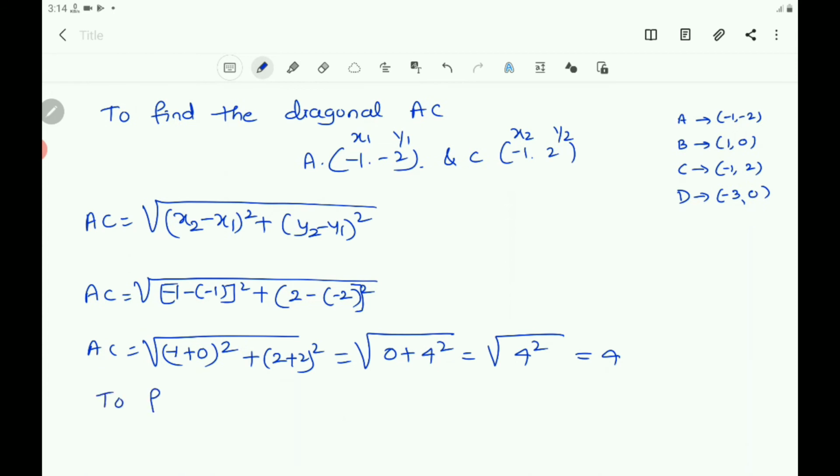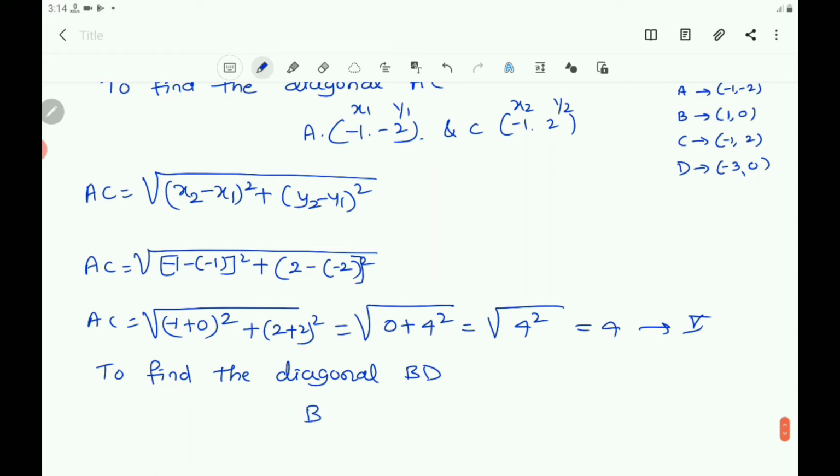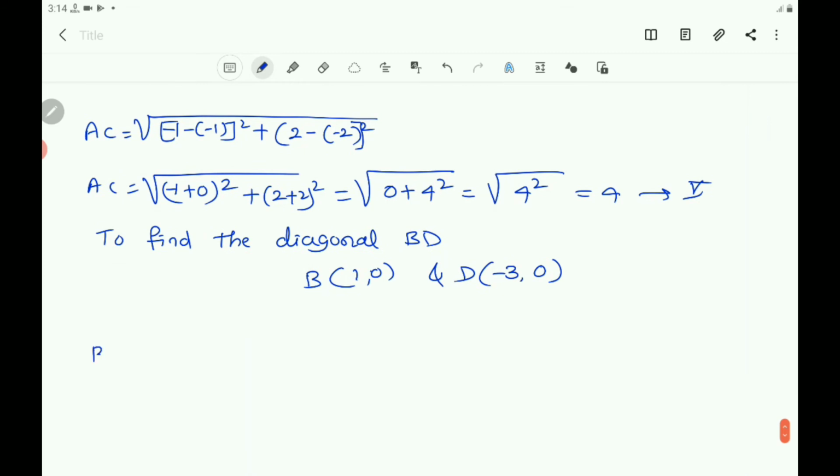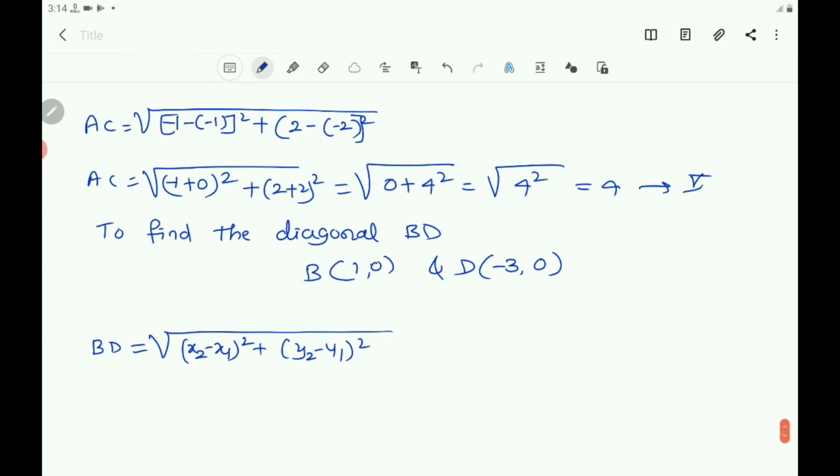Then to find the other diagonal BD, consider this is the fifth. Next, B is a point with coordinates 1, 0, and D is a point with coordinates -3, 0. Then you find BD equals square root of x2 minus x1 whole square plus y2 minus y1 whole square.